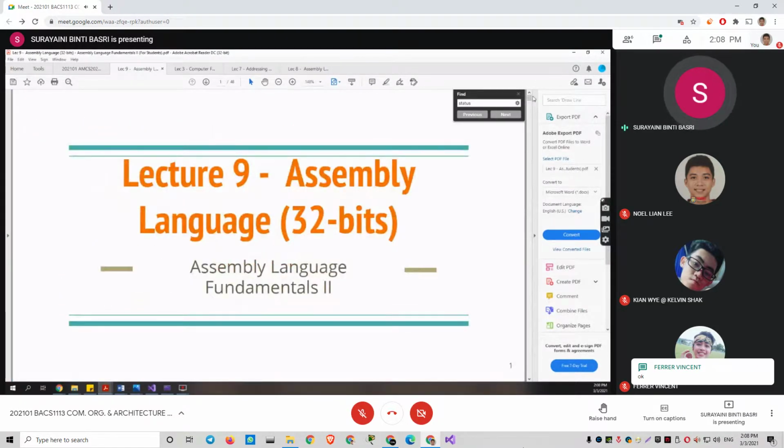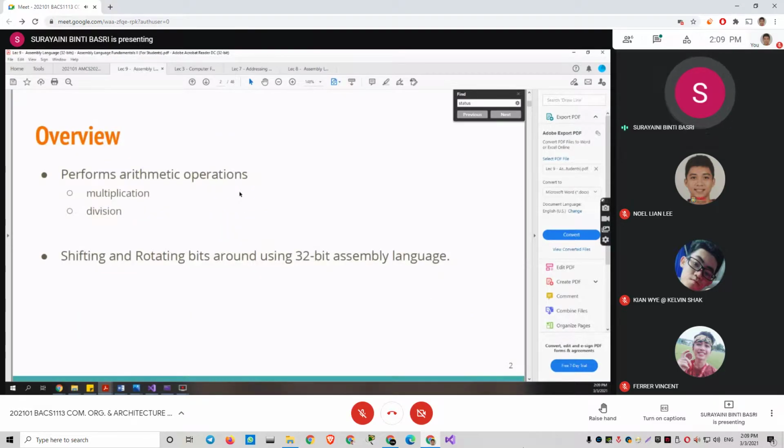So actually for this session, we continue to lecture 9. I focused on lecture 9 previously. In this lecture 9, we will continue in assembly language, where we will focus on how assembly language will perform arithmetic operations. The arithmetic operations covered in this lesson are multiplication and division.